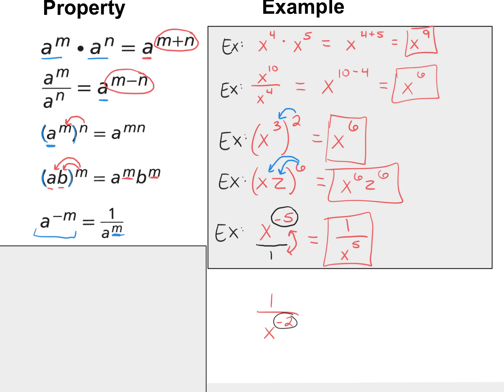Why do I want you to circle it? Can't have it. So to switch that, remember, we flip. So what does it turn into? X to the positive 2nd over 1. Or you can just put x squared. You don't need the over 1. So whenever you move negative exponents either to the top or the bottom, it's always going to change its sign. Okay.